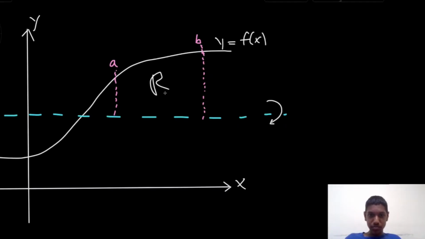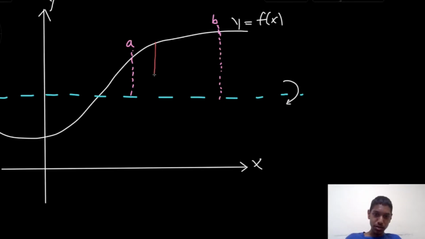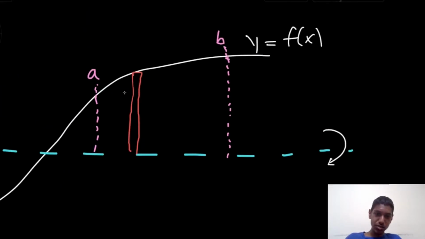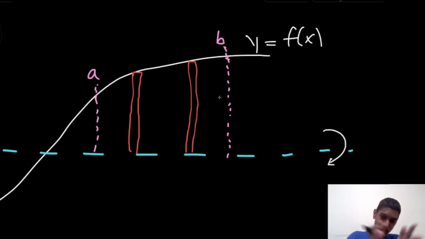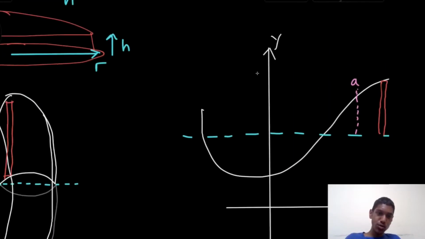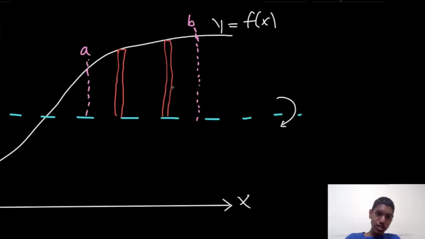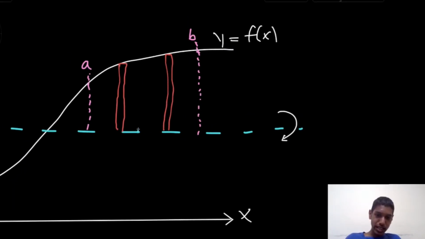And so the first thing, which I'm going to do, and which you should probably do when you're solving a problem like this, is to draw. So here I'm drawing each of these little cylinders that we are cutting R into. When we found areas, we would cut R into these rectangles, right? Finding this area is pretty straightforward, but to do this cylinder thing, we just pretend this right here is the radius.